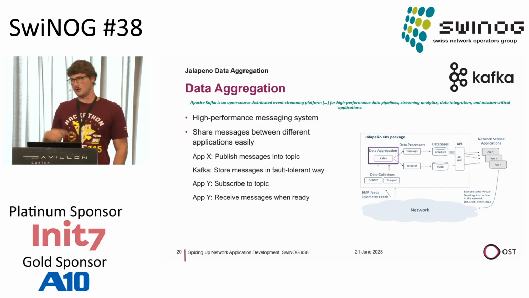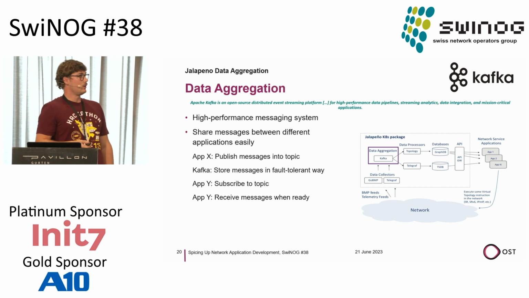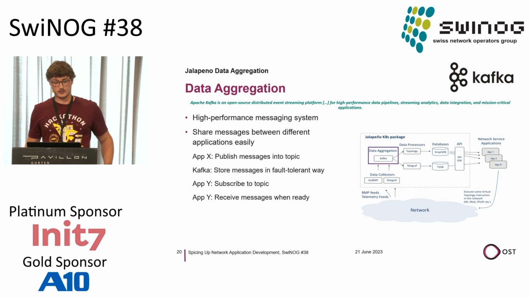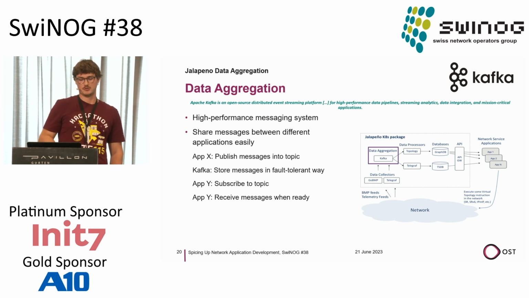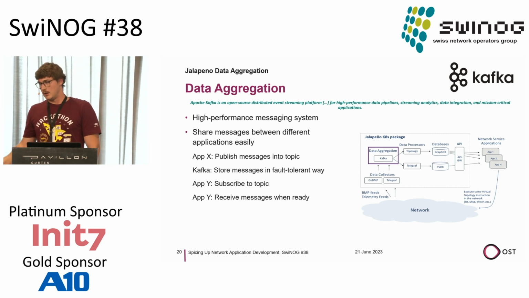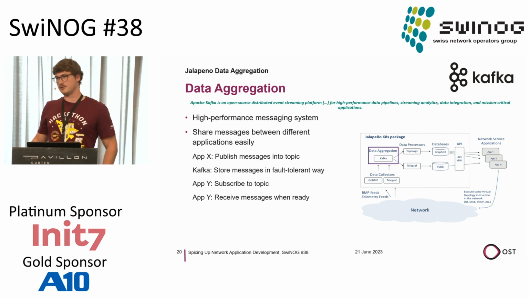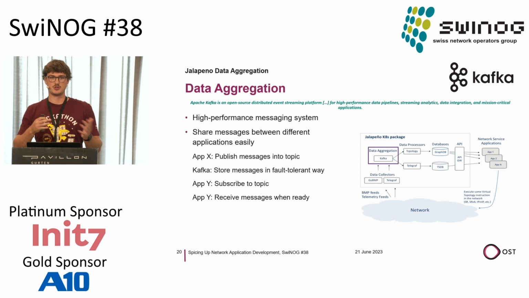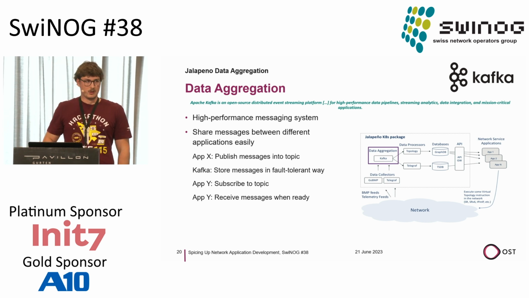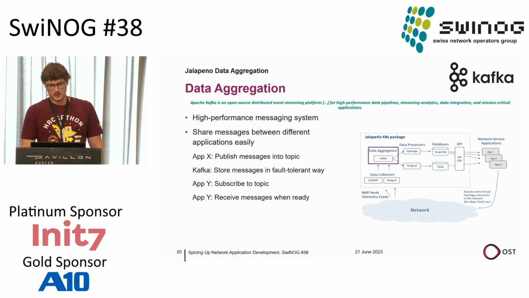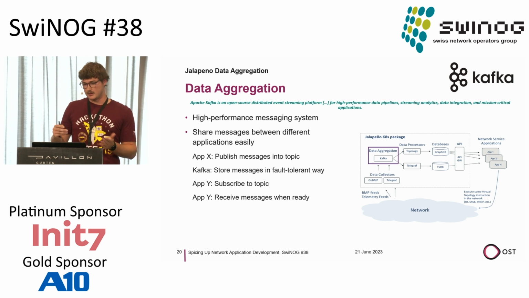So let's talk about data aggregation. I've already mentioned it, as a data aggregation, Apache Kafka is used. I don't want to get too much into detail. I think it's well known, but basically it's just a high-performance messaging system where you can easily exchange data between applications. So how does it work? You can share messages between the different applications.